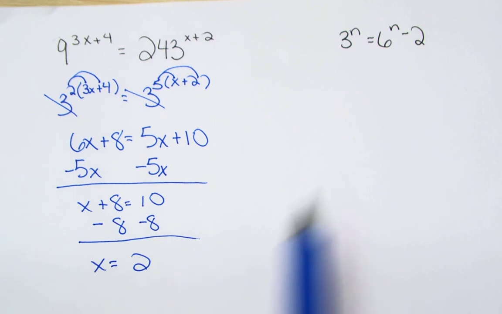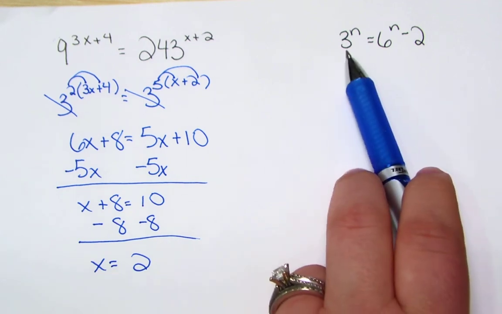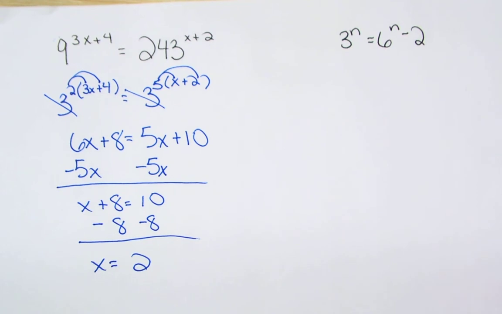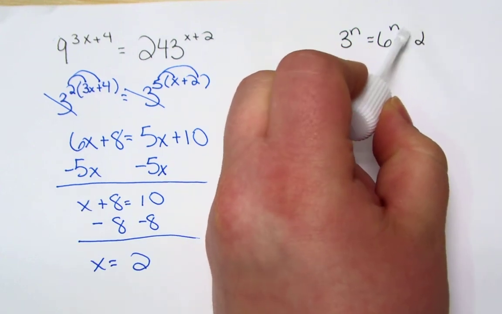If you look at the second problem I have here, you may try to find a common base. But you actually can't find a common base for this. And actually, I just realized I wrote the problem a little bit wrong. It doesn't change the fact that we need a common base.